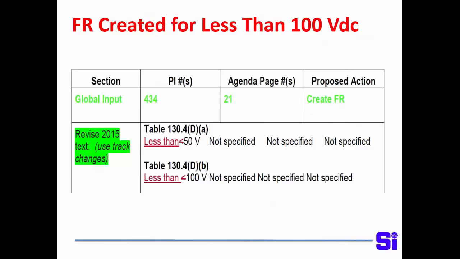But the other thing to take note of, you notice where it has the symbol for less than, we're striking all of these abbreviations, and we're putting in the verbiage. So where it says less than, we're striking the symbol for less than, and you can see 130.4(D)(B) says less than 100 volts.